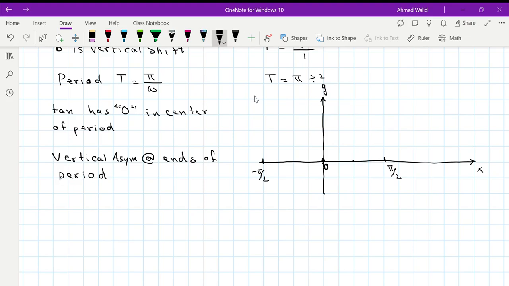Correct? Vertical asymptote at the ends. Pi over 2 is the end of my period, so I'll draw my vertical asymptote here. Negative pi over 2 is the other end of my period, and I'll draw my vertical asymptote here. What's left? Find the quarters.